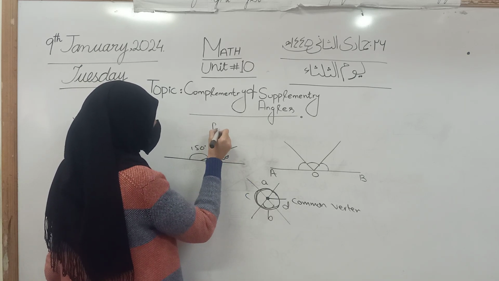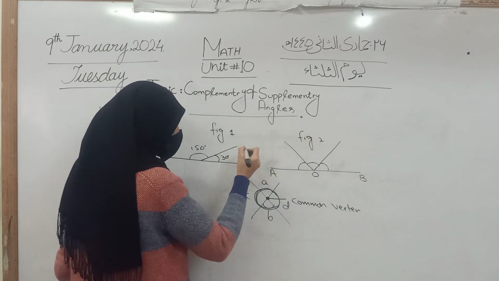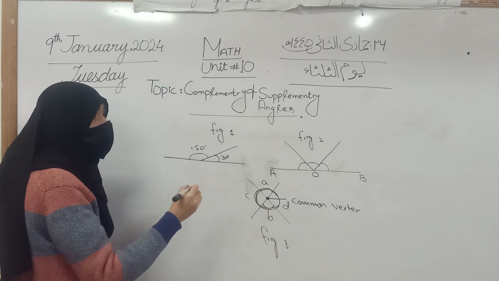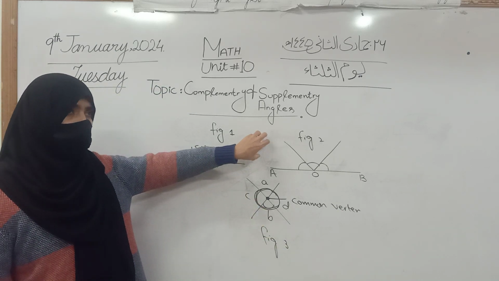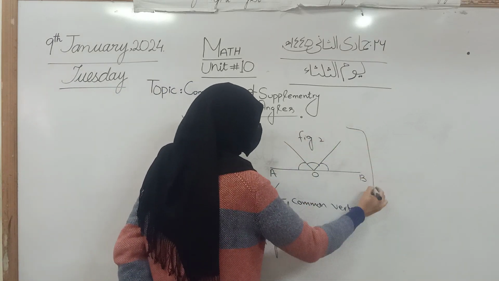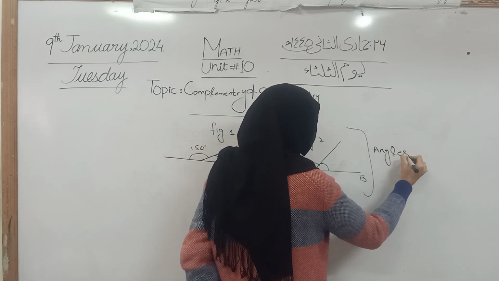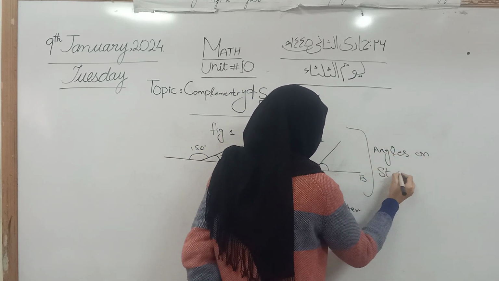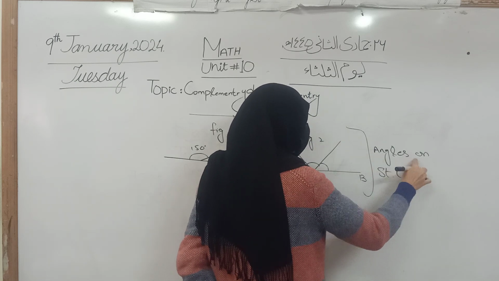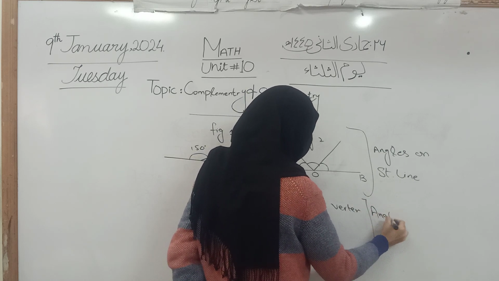Figure 1 and figure 2 were about angles on a straight line, and figure 3 is about angles at a point. Okay, this is the short representation in geometry: angles on a straight line, angles at a point.